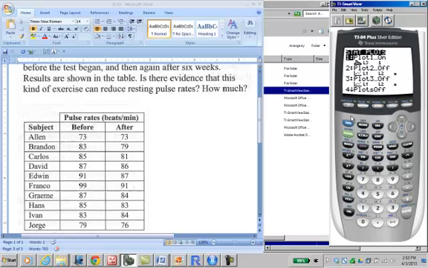Now, one thing I can do with this histogram, since the differences are so small, is go to the window. Okay, so the window minimum is -1. Let's make the maximum 11, and let's make the scale 1. And now let's see what this looks like.